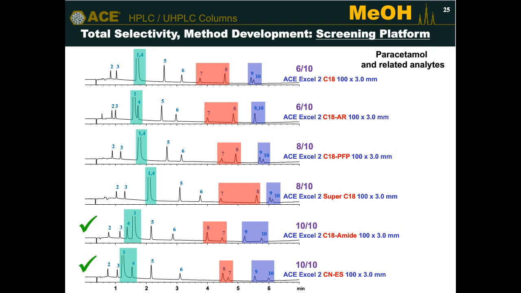However, a really important point with this slide is most people would have started, of course, with a standard C18 column. And you can see the red box is around the C18 column. And as you can see from the chromatography, we had coelution of peak pairs 1 and 4, and we had a co-elution of peaks 9 and 10 in the pair.